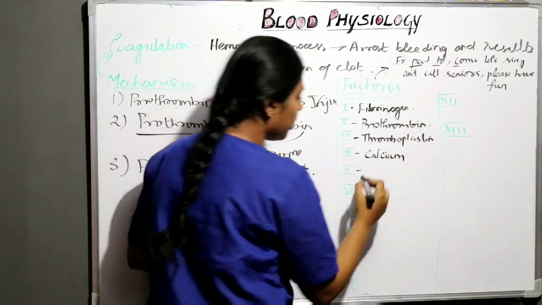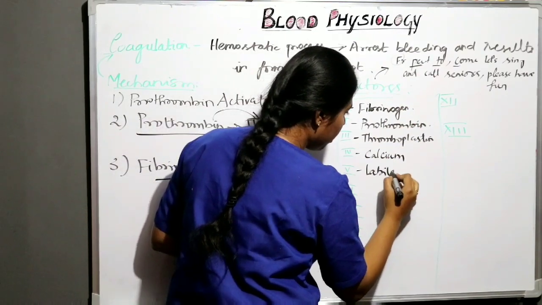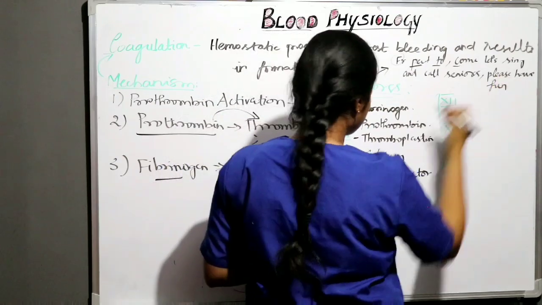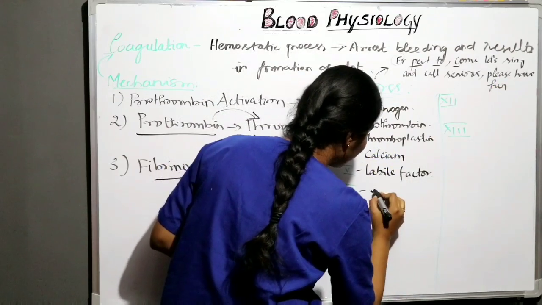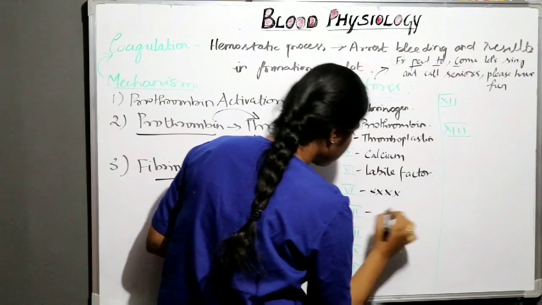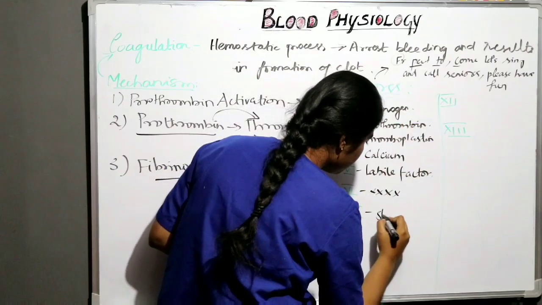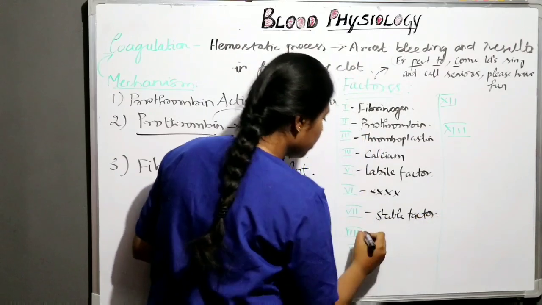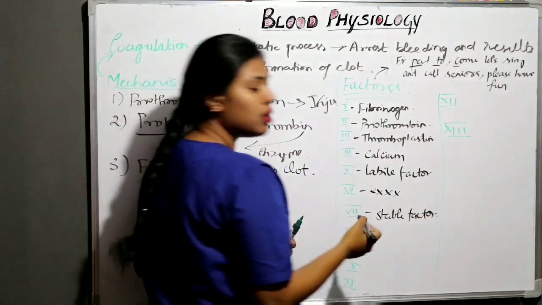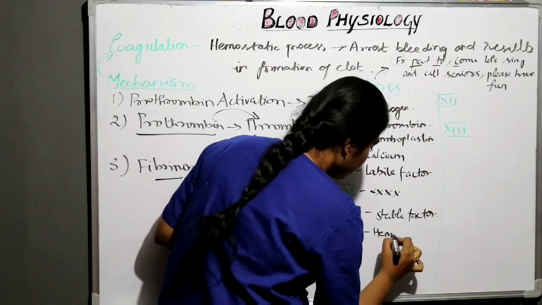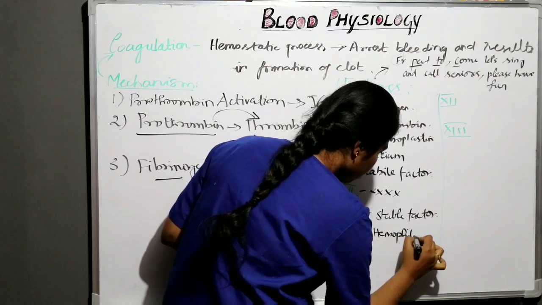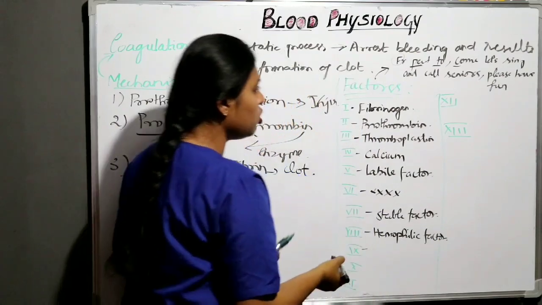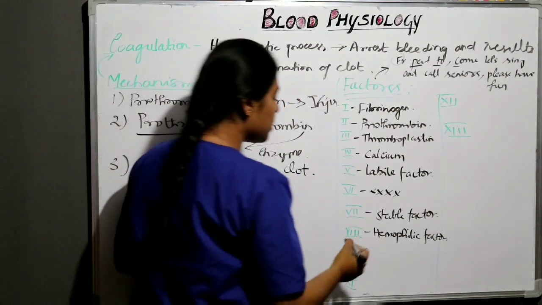The fifth one is labile factor. The sixth is still not found. The seventh one is stable factor. The eighth one is called the hemophilic factor. The ninth one is called the Christmas factor.